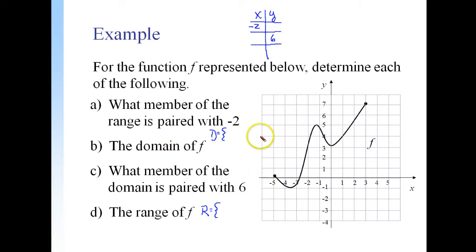Okay, so we have here x is a -2. So where is x a -2? It's a -2 right there. X is -2. So what will y be? When x is a -2, y is going to be about a 3.5.